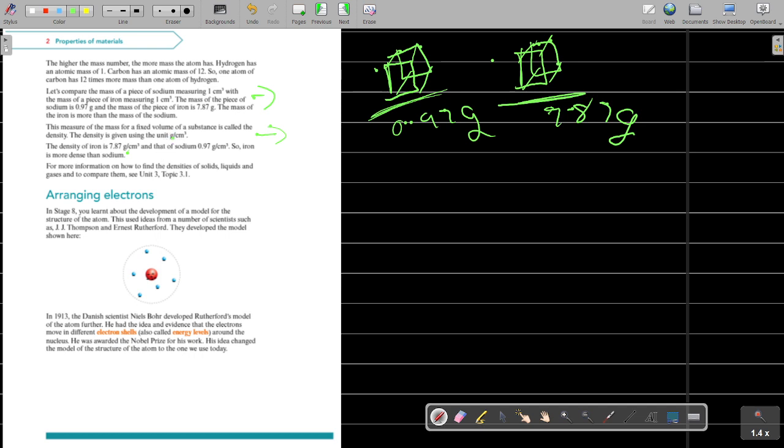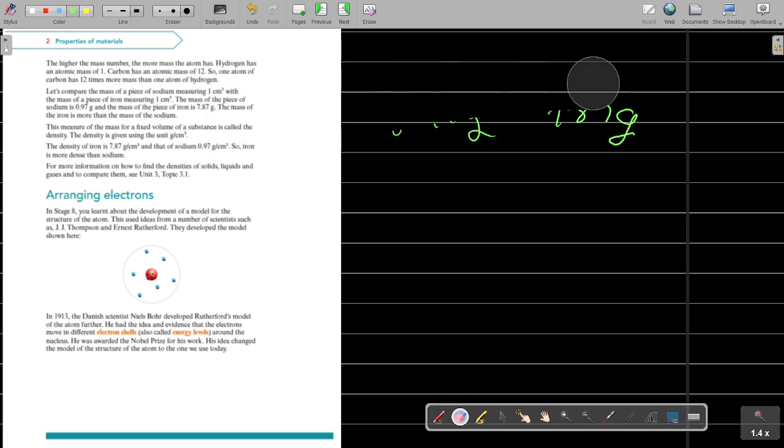For further information, we'll go to topic 3.1, arranging electrons. Let's see that in the next video. So, in stage 8, you learned about the development of a model for the structure of the atom.